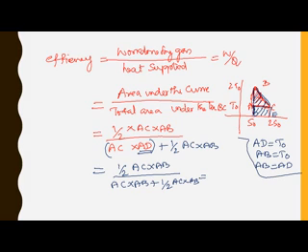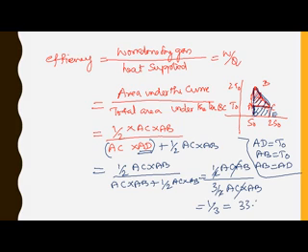Then half AC AB divided by 3 by 2 AC into AB. AC AB cancel, 2 cancels, then 1 by 3. 33.33% is the efficiency of the engine. Eta equal to 1 by 3. The answer is 1 by 3.